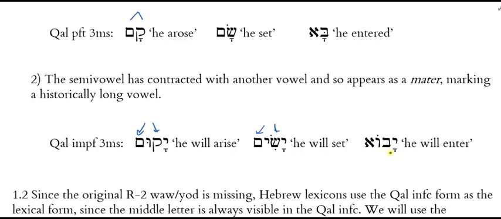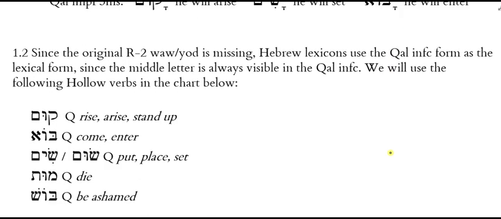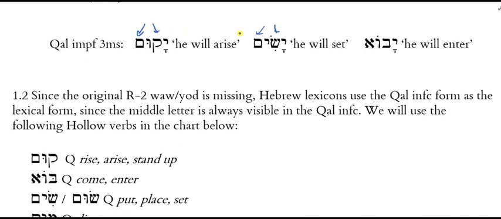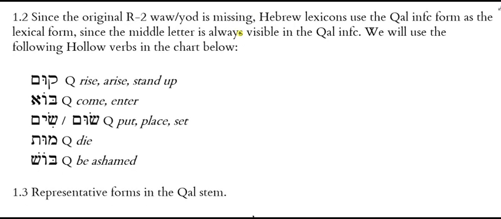All right? Now, since the original root vav or yod is missing, Hebrew lexicons are going to use the Qal infinitive construct form as the lexical form, since the middle letter is always visible in the Qal infinitive construct. If we use the Qal perfect as the lexical form, notice you wouldn't know whether these verbs were middle vav or middle yod because the middle letter is completely missing anyway. So in order to know whether the verb is actually a middle vav or a middle yod verb, you're going to look at the Qal infinitive construct.